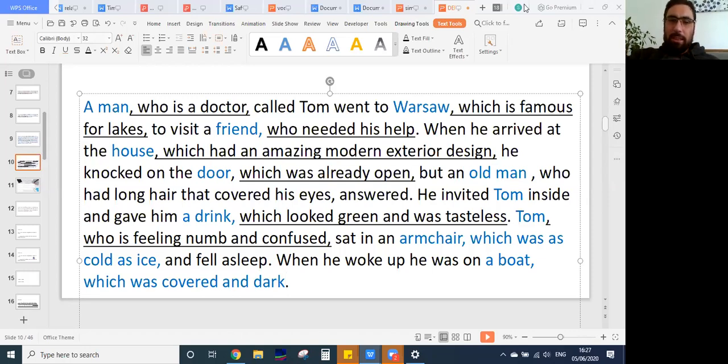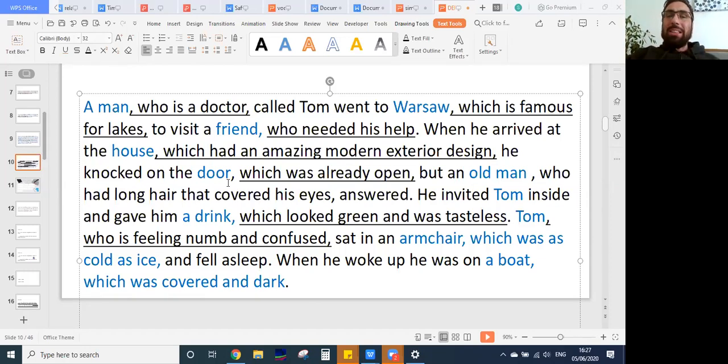So let's make some sense of it. A man who was a doctor called Tom went to Warsaw, which is famous for lakes, to visit a friend who needed his help. When he arrived at the house, which had an amazing modern exterior design, he knocked on the door, which was already open, but an old man who had long hair that covered his eyes answered.